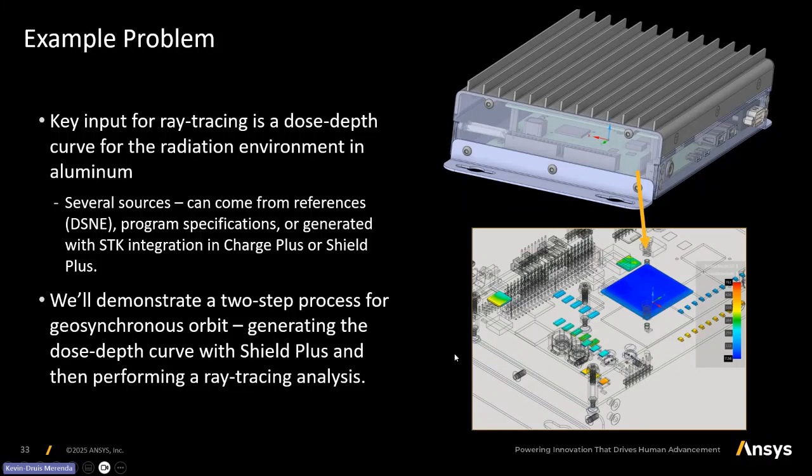At first, the tool will automatically assign aluminum to everything, and then you can go back through Shield Plus and the Discovery interface and change the properties if you want to get more information. Ultimately, we'll extract something that you see on the bottom right here, which is the ionizing dose on each of the components of interest in the system.